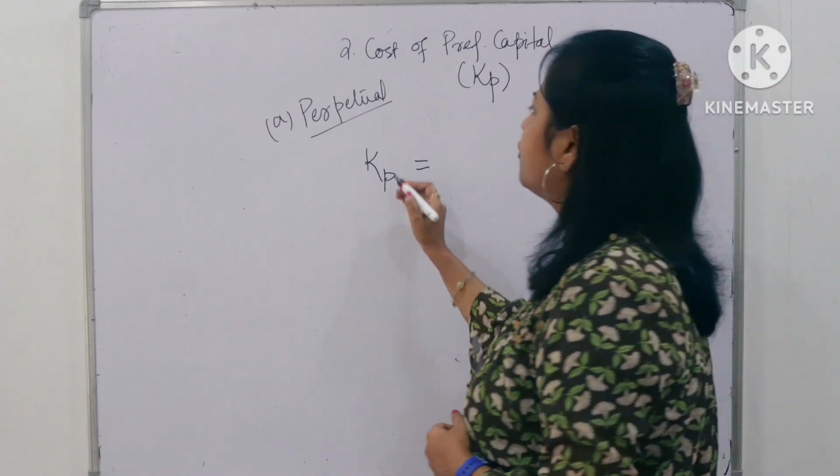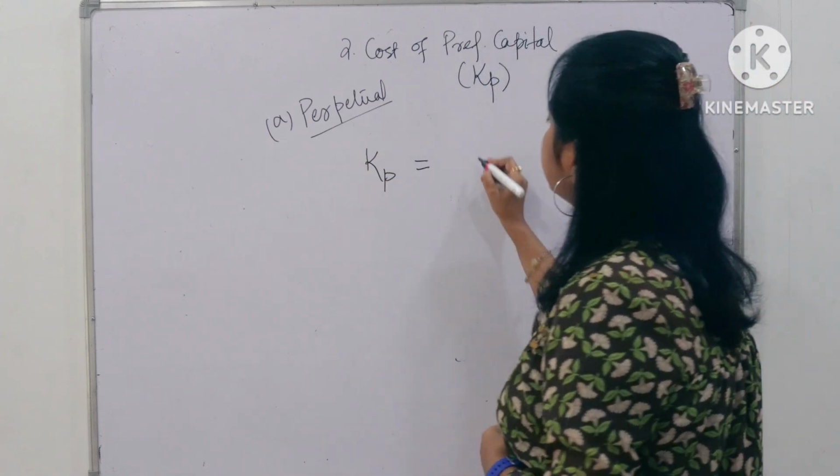Then the cost of preference capital, if it is perpetual, is equals to D divided by P0 into 1 minus flotation charge.